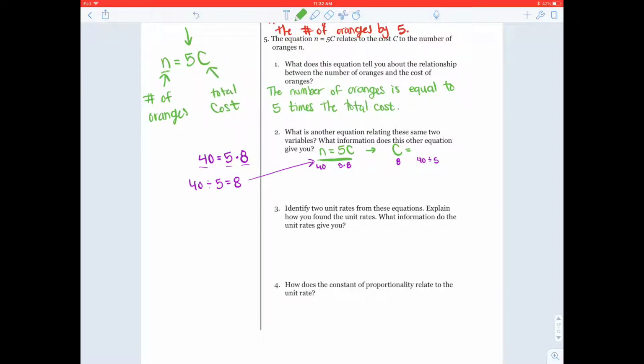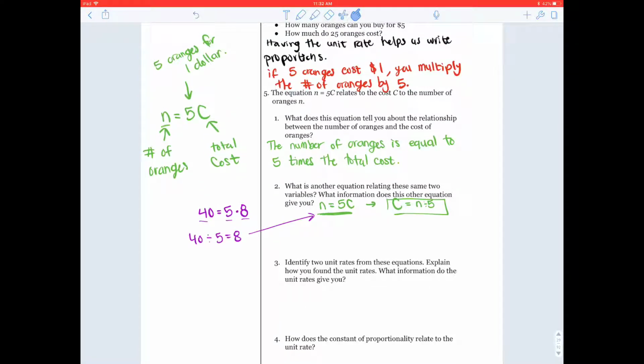But let's go ahead and fill in these values with the green. We said n was where 40 is, and then we need to divide that by 5. So it looks like our new equation is c equals n divided by 5. I'm going to erase these purple numbers just because I need to write a little bit more. So we have c is equal to n divided by 5. Let's put that into words. What information does it give me?